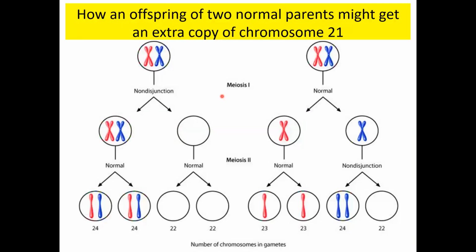Okay. During meiosis, either in the meiosis 1 or the meiosis 2, the disjunction के दौरान में हमारे पास क्या होता है कि एक्स्ट्रा कॉपी कहाँ से किस तरह से आती है. Whenever these chromosomes are going to divide, this is the normal division, but that is abnormal. This is not normal.